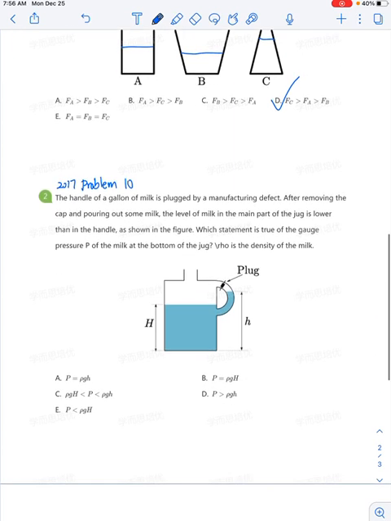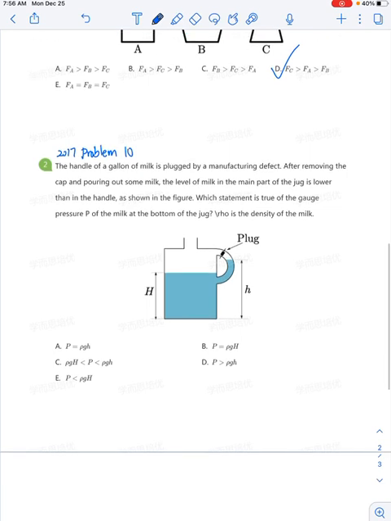The next one is also very similar, although you have to be careful with some details about how we calculate the pressure. In this case, the handle of a gallon of milk jug is plugged by a manufacturing defect, and after removing the cap and pouring out some of the milk, the level of the milk in the main part of the jug is lower than in the handle. Which one will calculate the pressure of the milk at the bottom?